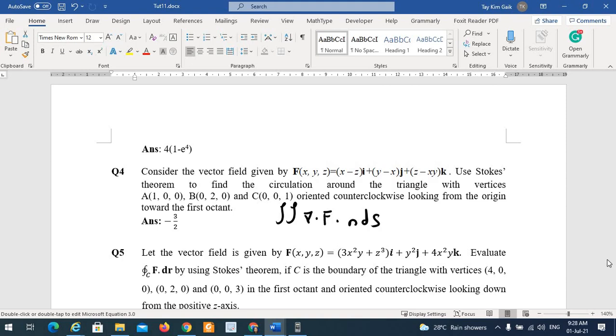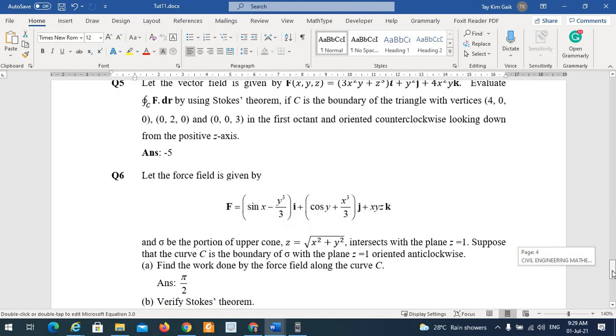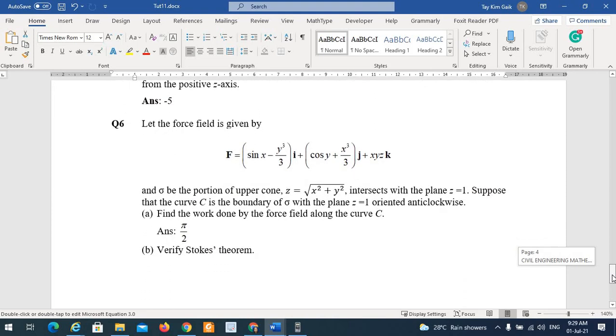This is the tetrahedron surface, it will be easier when you find this one. Question 5 also. Only when the curve is the boundary of a circle, sphere, hemisphere or cone.